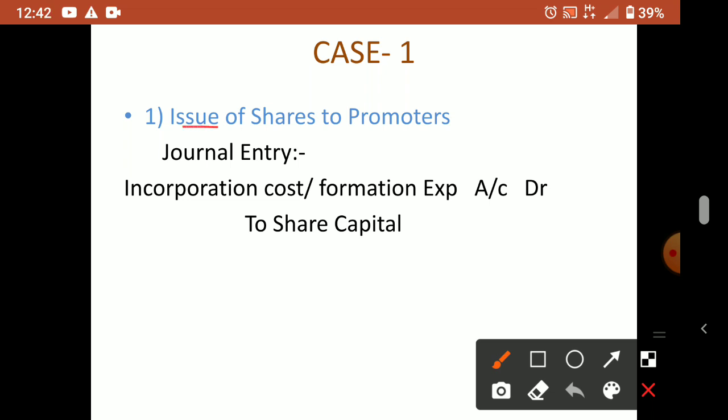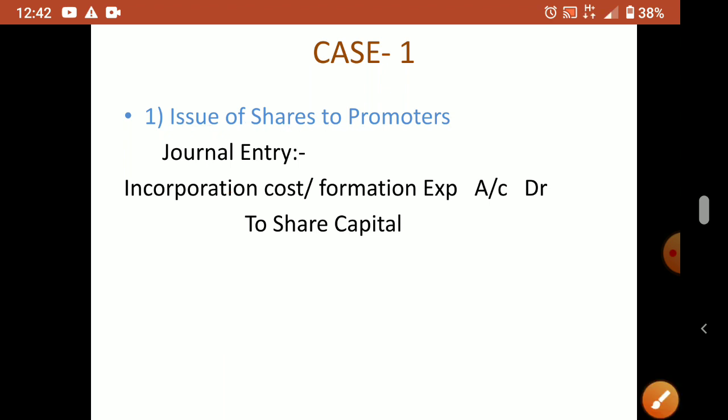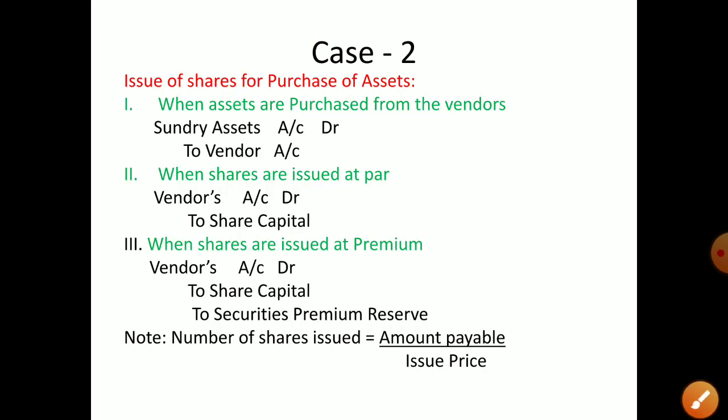So if you are issuing shares to promoters, then what is the journal entry? This we already did actually. Incorporation cost or formation expense account debited to share capital, that we have to write. Okay, it's a part of incorporation or registration of the company. Now case 2 we have to discuss in detail. So case 2 is issue of shares for purchase of assets.